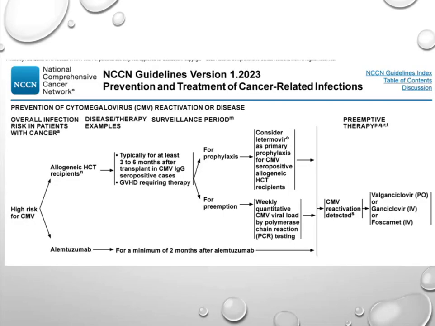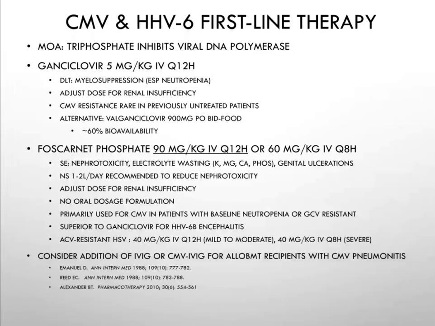I'm going to move on and talk a little bit about cytomegalovirus and HHV6 first-line therapy. Both ganciclovir and foscarnet, again in the triphosphate form, inhibit viral DNA polymerase. Typical dosing for ganciclovir is 5 milligrams per kilogram IV Q12, dose adjusted for renal insufficiency.